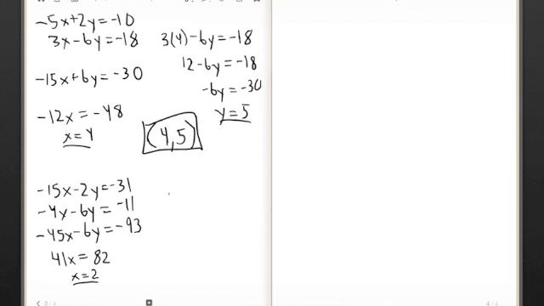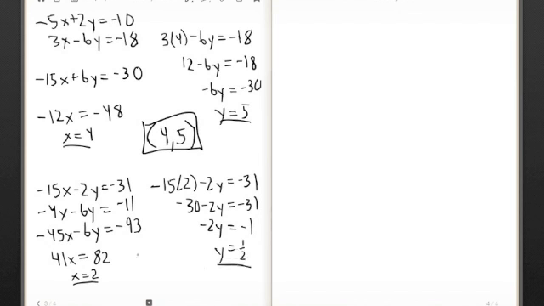So let's plug that back into the first equation here, and we will get y is 1/2. So this is 2, 1/2.